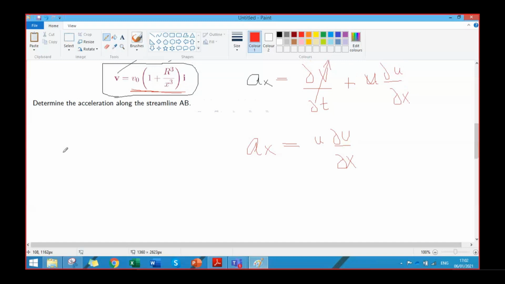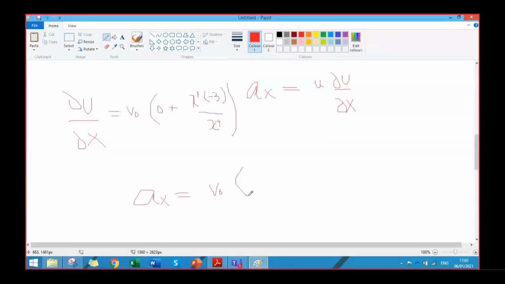So ax would be v naught into 1 plus r cube by x cube, multiplied by v naught.